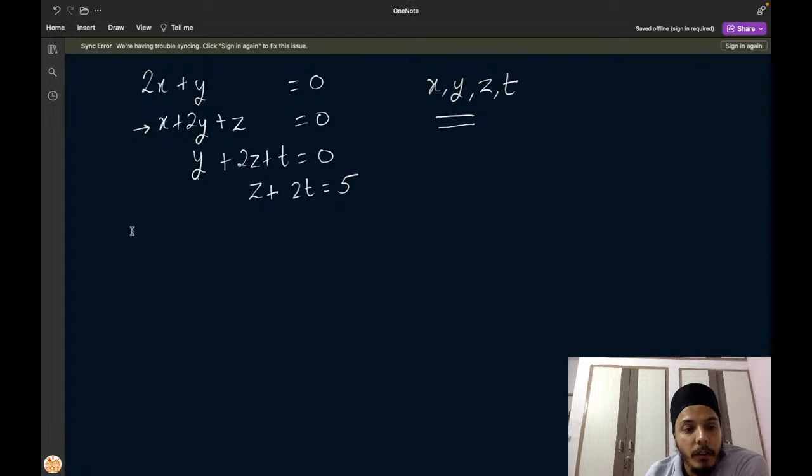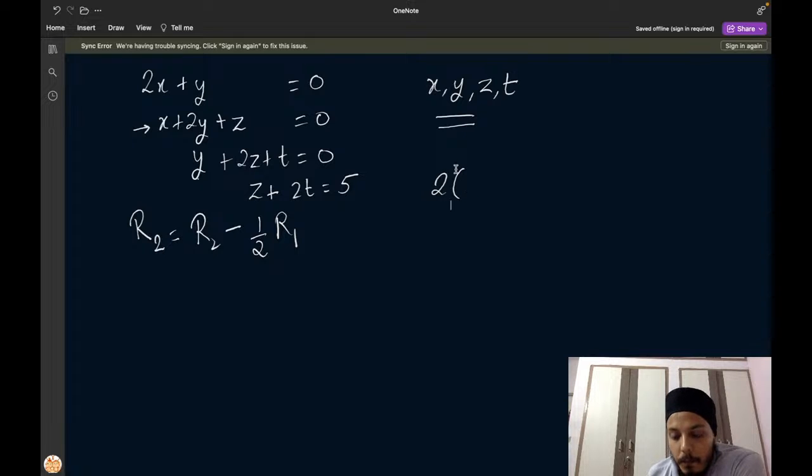We will take equation 2 and denote it by R2. In R2 we will subtract half times R1, that is 1 by 2 times R1.